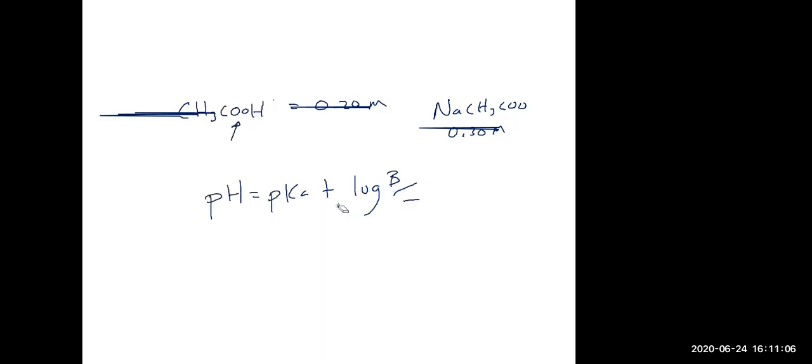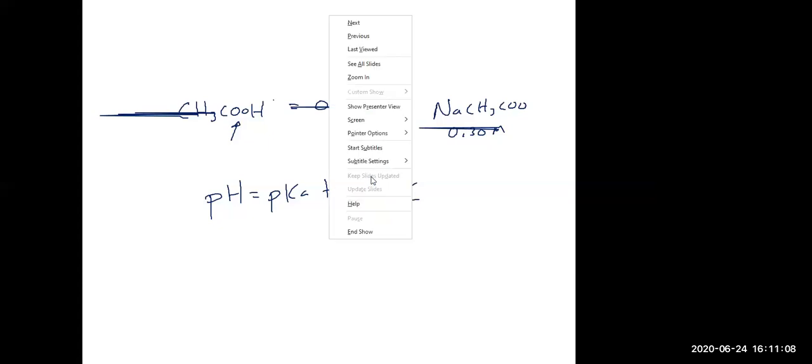Again, the pKa value is minus the log of the Ka value.